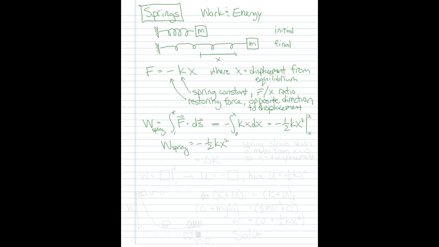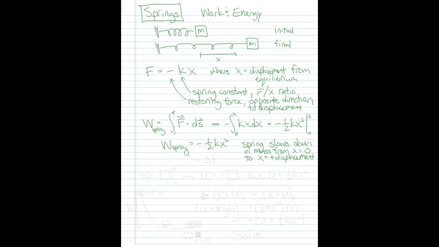Now, you might be worried that the work that's done by the spring is negative, but that's okay. The spring is slowing down as it travels from x equals 0 to x equals some positive displacement. If something's slowing down, it's losing kinetic energy.